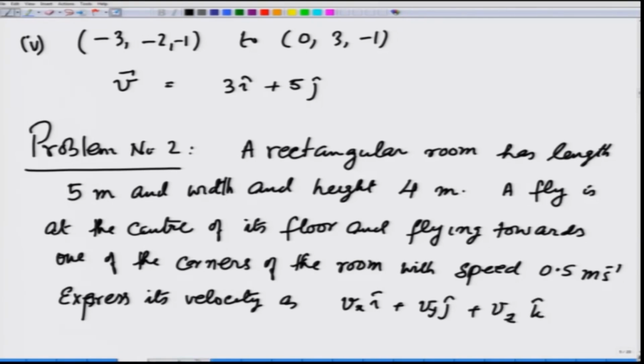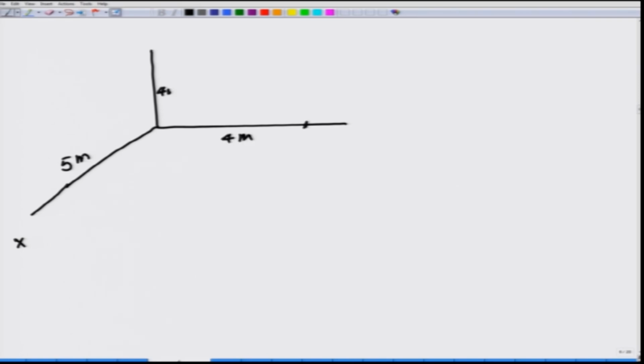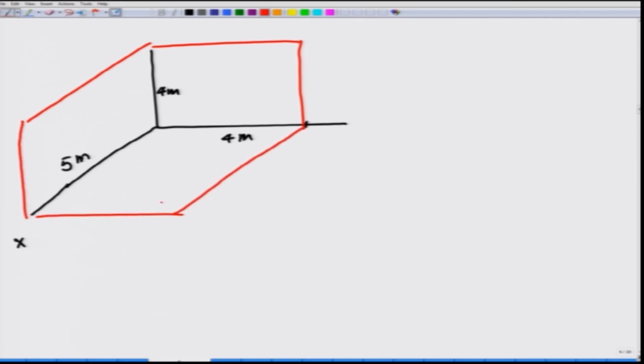Okay. So, to solve this, let me first make the room. So, let its length in this direction, x direction, be 5 meters, let its width be 4 meters and height be 4 meters. So, the room looks like this. And let us take this point out here to be the origin.